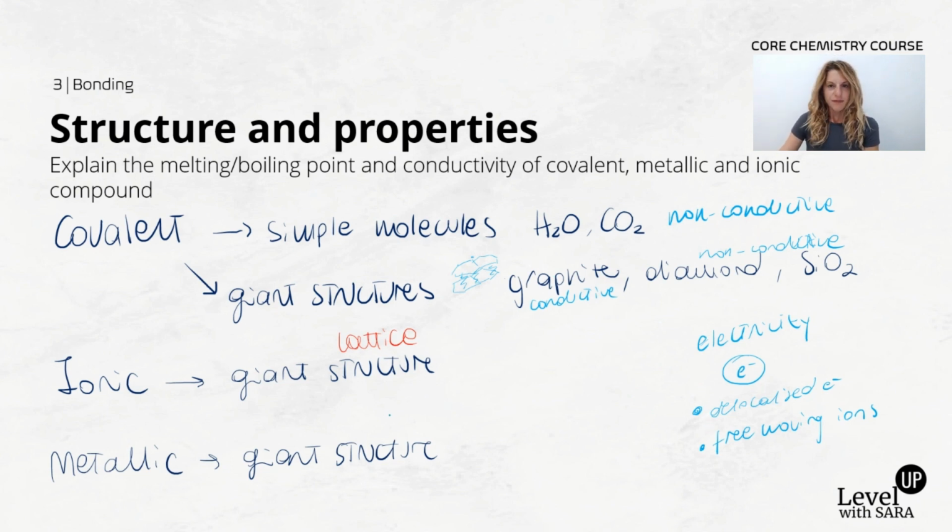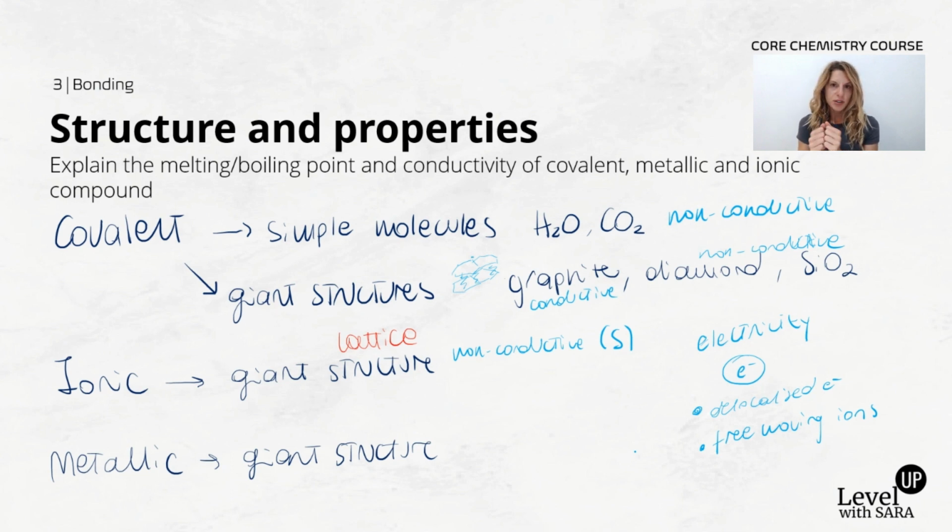Ionic, there are no delocalized electrons. Do you remember where the electrons are? They have been transferred from metal to non-metal, which means that it is non-conductive, but only when solid. In the solid state, the ions are very close together and held in place, so think about state of matter.